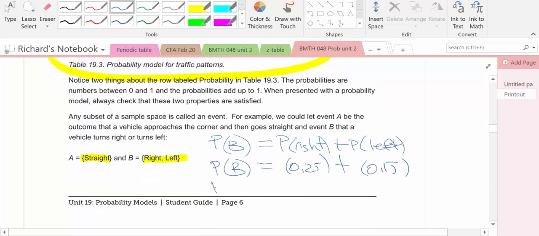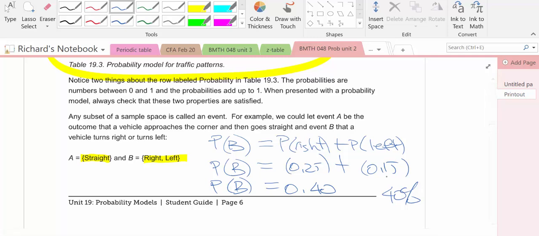Then the probability of event B happening, which is the car either turns left or right, is 0.25 plus 0.15, which is 0.40. So the probability that the car will go right or left is 0.4 or 40%. Once again, the keyword here is or. The car is going right or left, so I'm adding the probabilities.